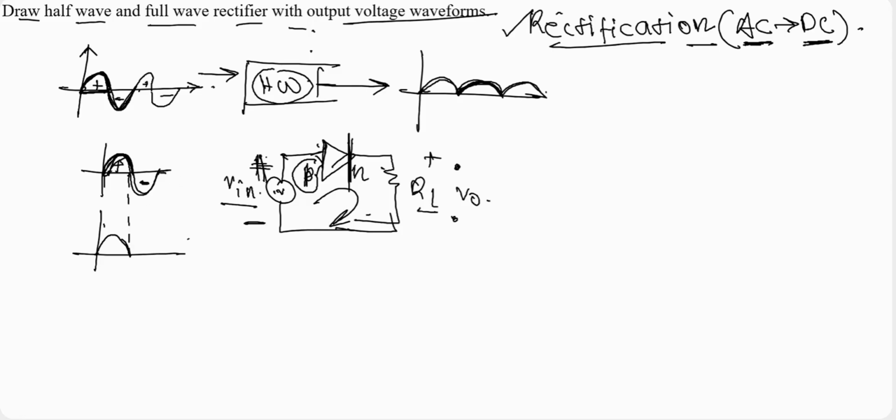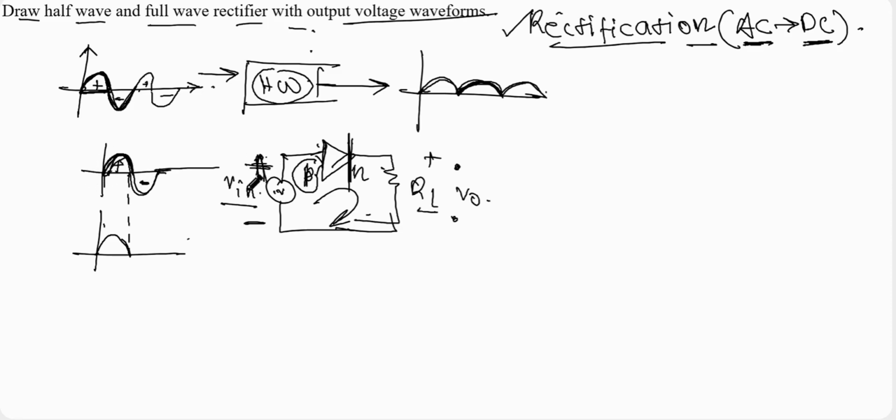For the positive half cycle, up to this part, we will be getting an output voltage. And during the negative half cycle, the polarity is like this. For the positive half cycle, this is plus, this is minus. This is because the value of the voltage is continuously increasing in the positive half cycle, and it is above the zero reference line or ground level line.